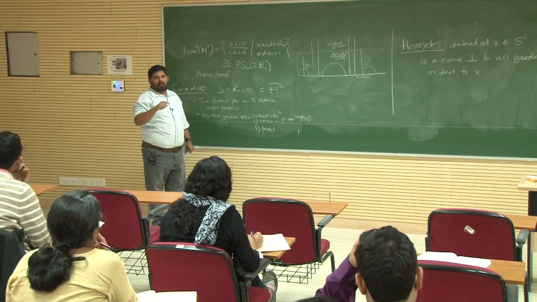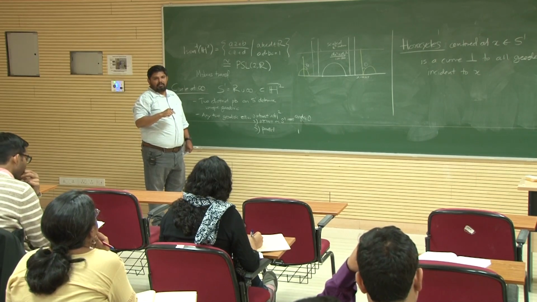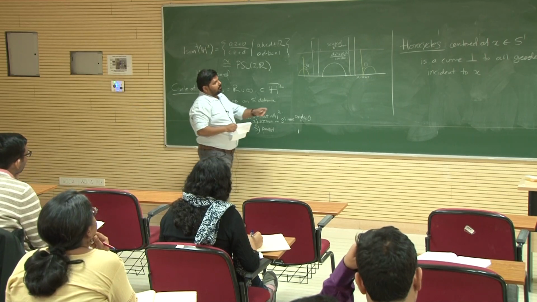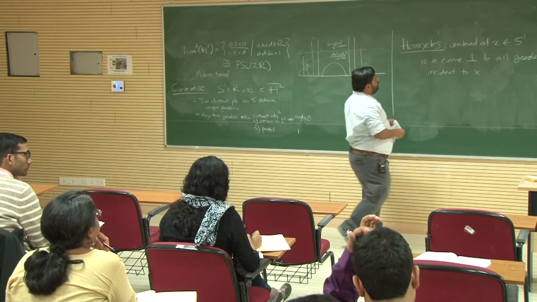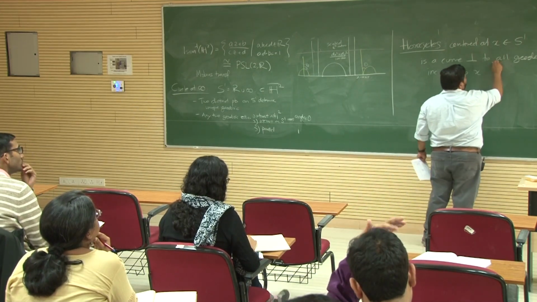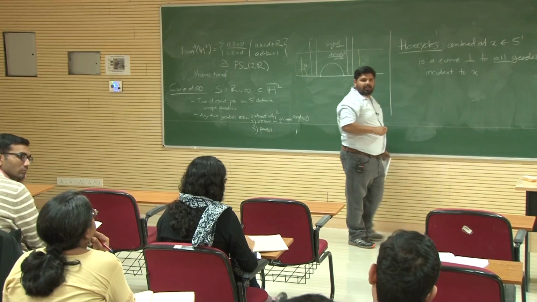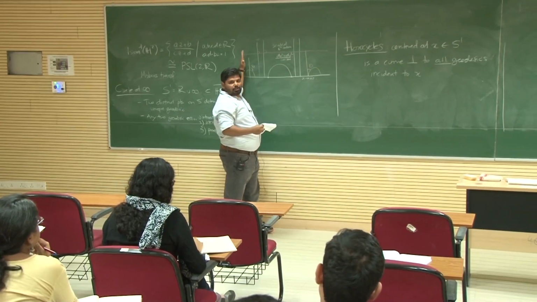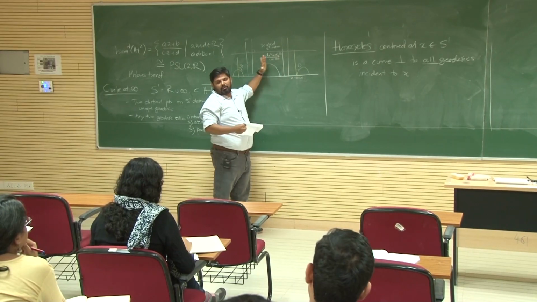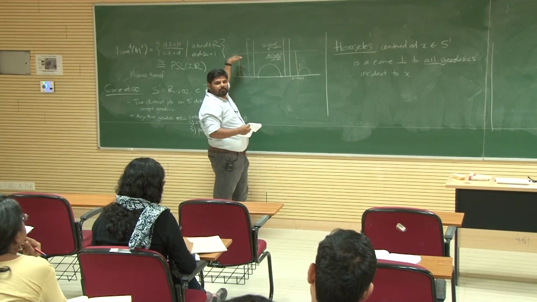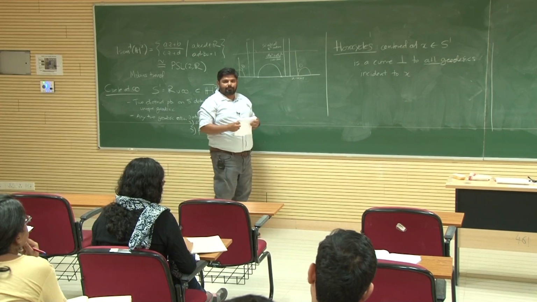Yeah, but not to all geodesics. It's a curve perpendicular to all geodesics which are incident to infinity. So what's a line which is perpendicular to all vertical lines, not just one vertical line?